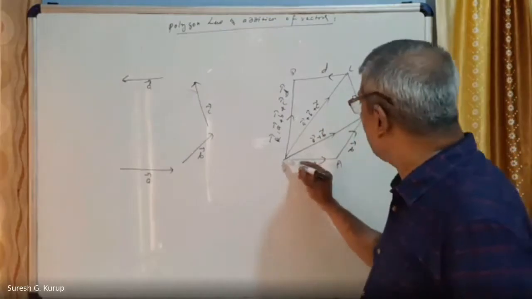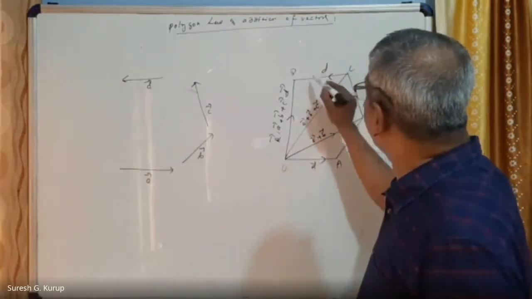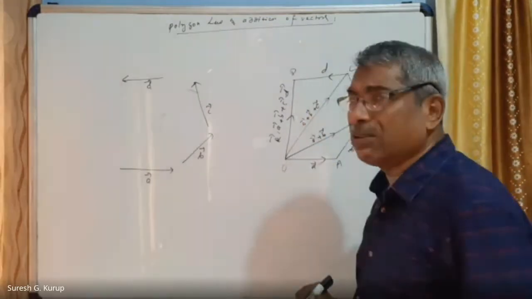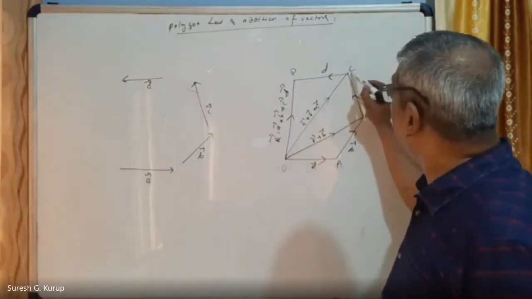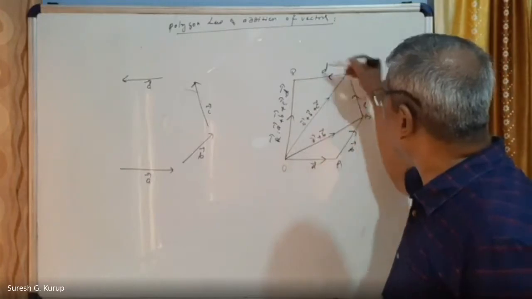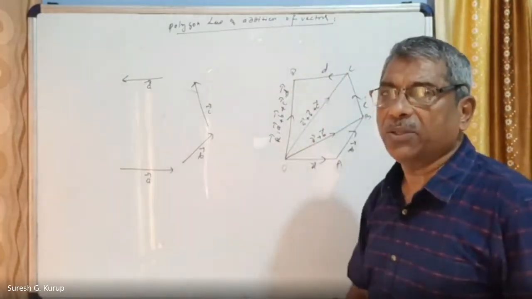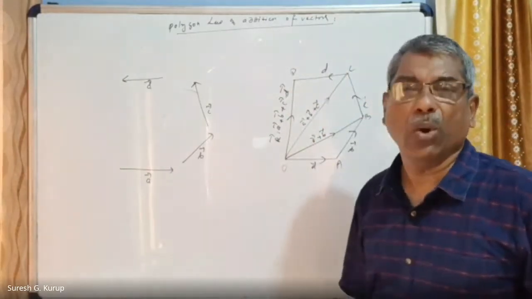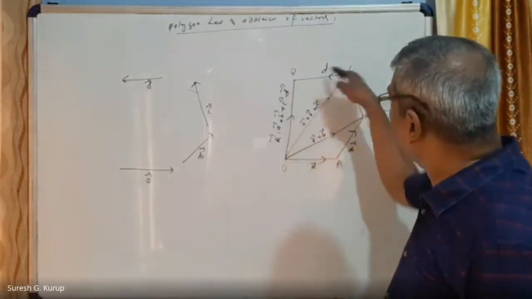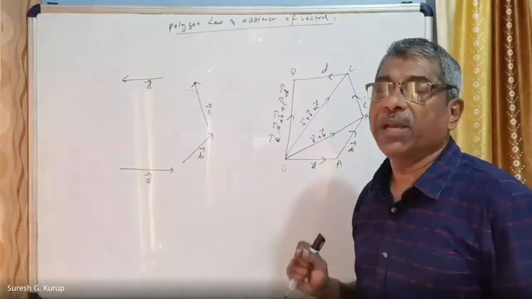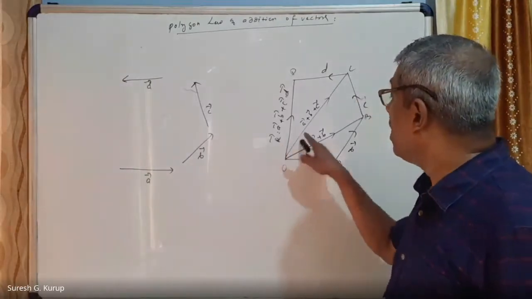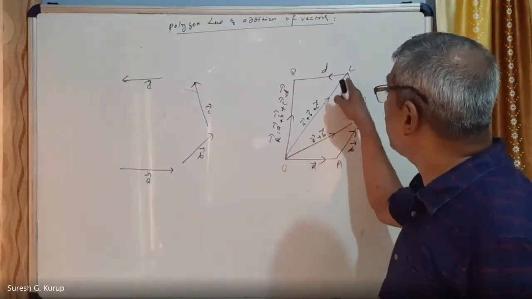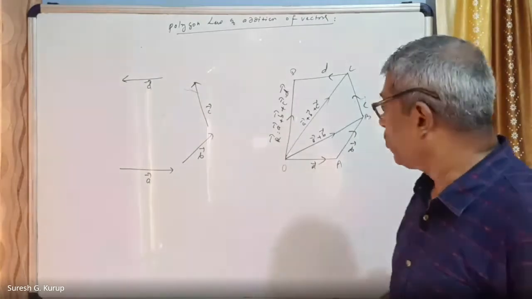Now another triangle coming here, you see OCD. In this triangle OCD, vector OC and vector CD are two sides of a triangle taken in order. Then the last side taken in the reversed order will be the resultant of these two vectors. Therefore, vector R is equal to vector OC plus vector CD. What is vector OC?